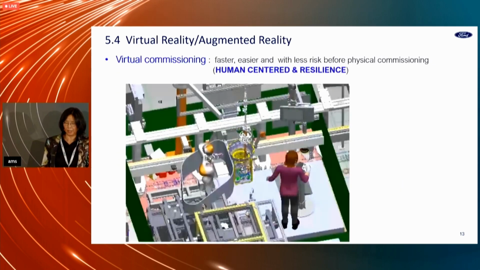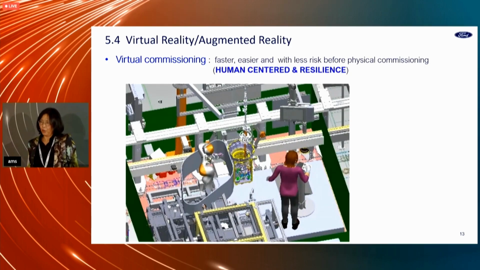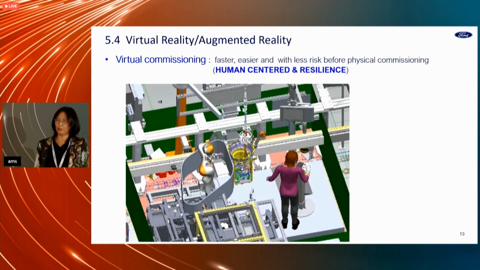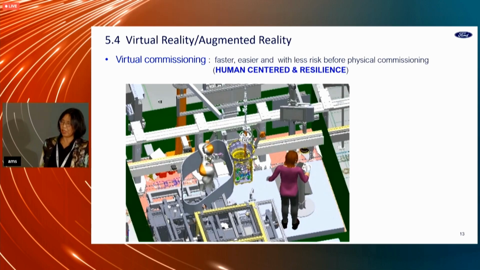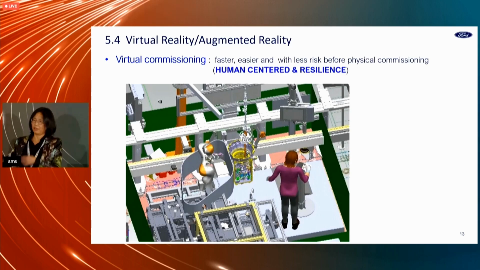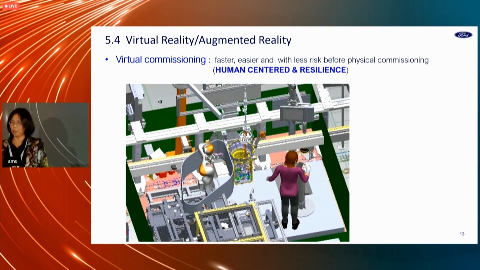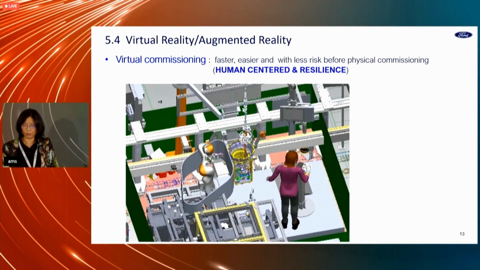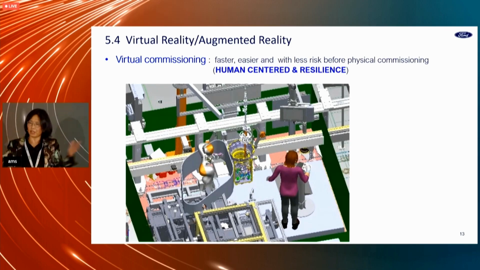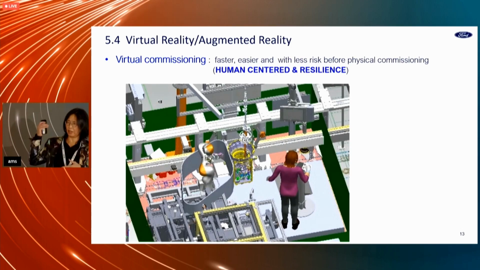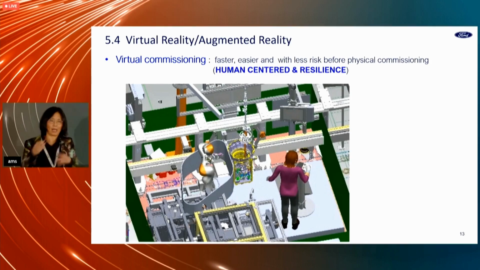And then for the vendors, I think it's important that we go in the direction of virtual commissioning. It is not replacing physical commissioning, but we do virtual commissioning first in order to make physical commissioning more effective. What we are doing is we have 3D layouts, and vendors deliver dynamic models.